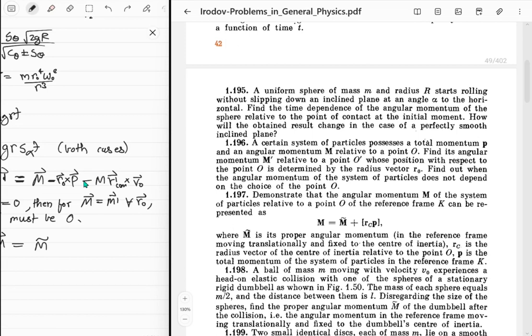All the cross products were in the correct order, so I never actually did something wrong. It can't be, of course. Then why is this thing the opposite of what it's supposed to be? It's minus m r dash com cross v naught, with r dash com just the radius vector of the center of mass in this new frame.